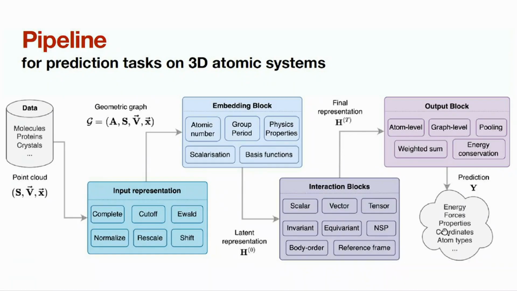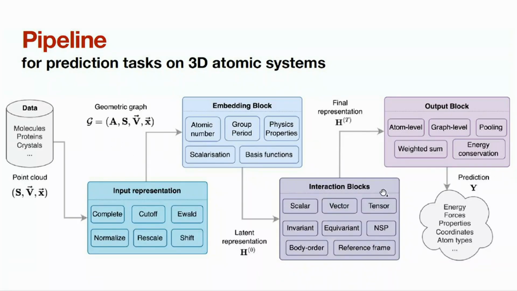And those properties are where the actual invariance and equivariance come from, which is the data. Because in your data, all of these properties, for example energy, will naturally be invariant to translation and rotation of the input graph. And similarly, the coordinates and forces will be equivariant to translation and rotation of the input graph.